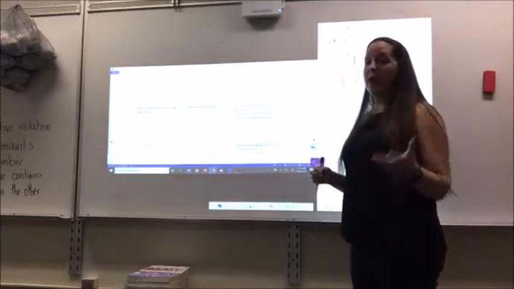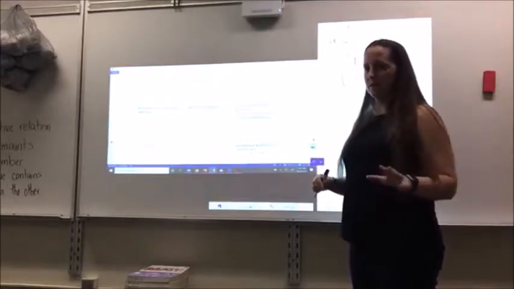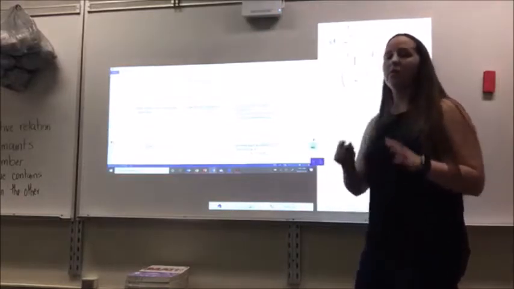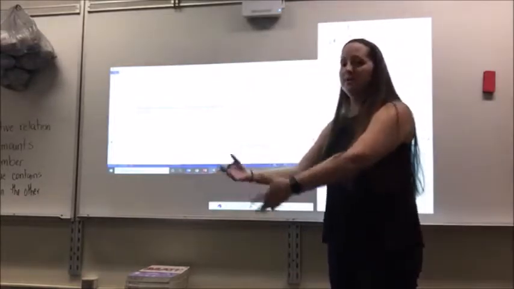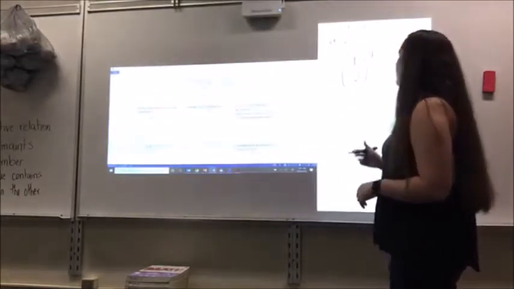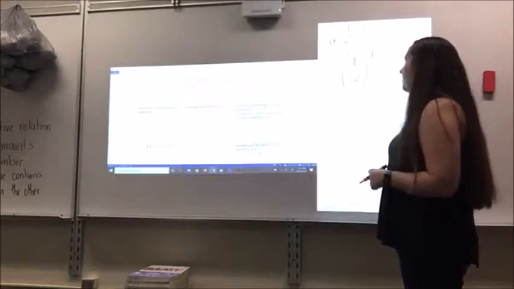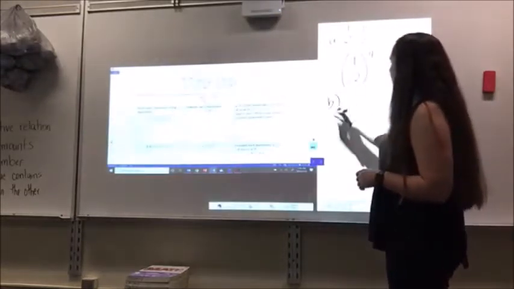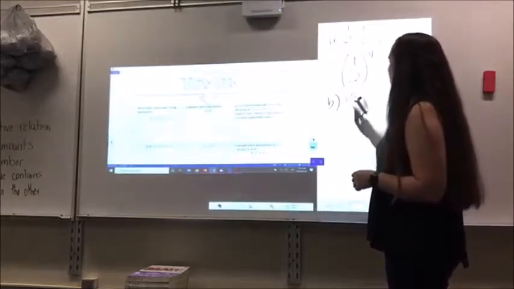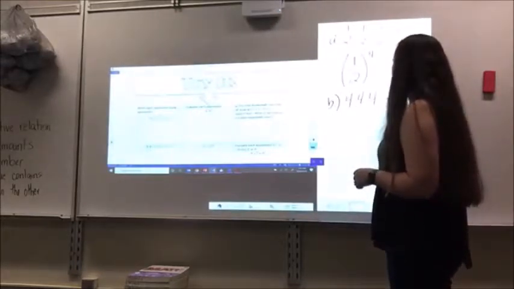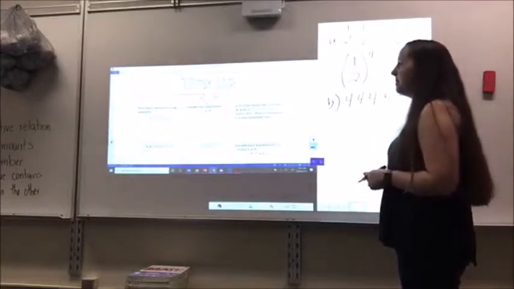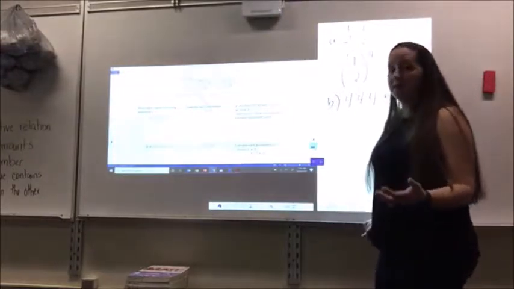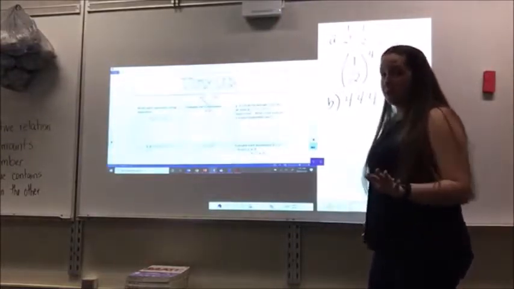Whenever you're dealing with fractions or negative numbers, always include parentheses. It's just telling you that whole number is being raised to that power. So for A, I have 1/2 raised to the 4th power. For letter B, I have 4 times 4 times 4 times 5 times 5. Now remember, I want to write this expression using exponents. I don't want to solve it.